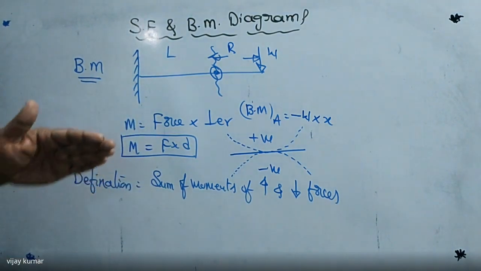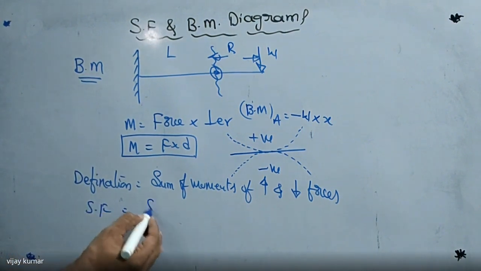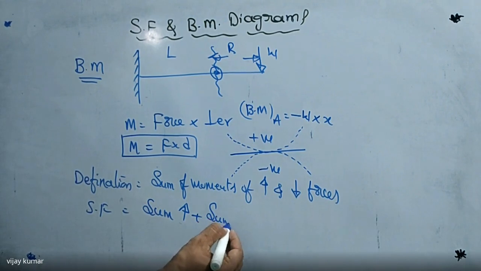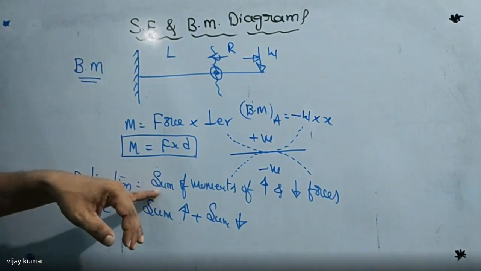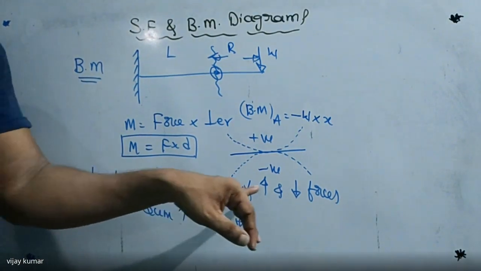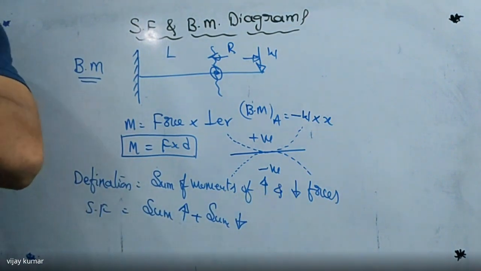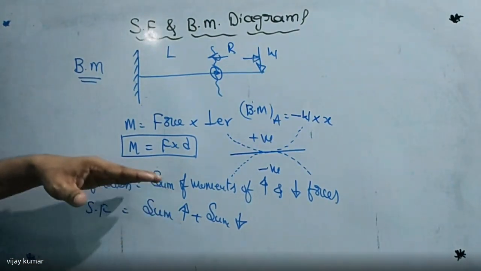In the case of the shear force definition, we write only the sum of upward forces and sum of downward forces. But in the case of bending moment, we always write the sum of moments of upward forces and downward forces. So this is the definition of shear force and bending moment.